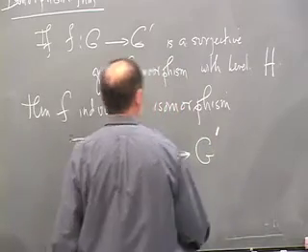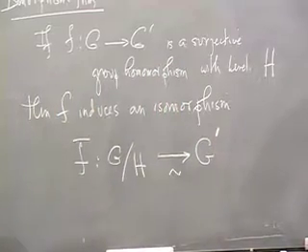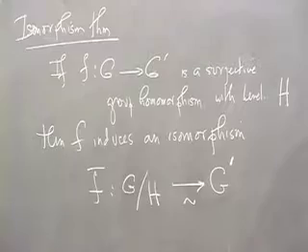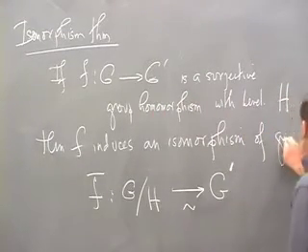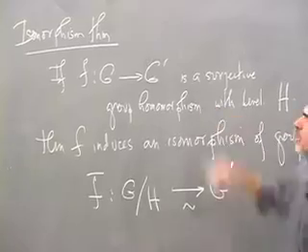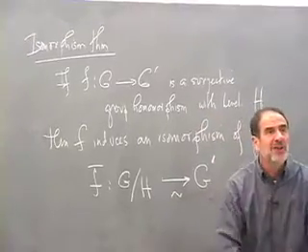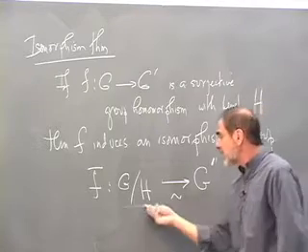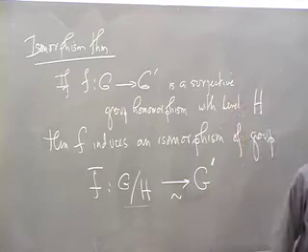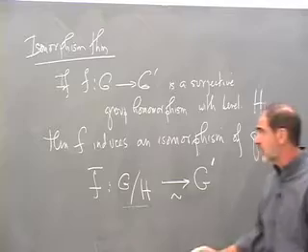Sometimes isomorphisms are denoted like that. So an invertible homomorphism, an isomorphism of groups. So if you have a surjective homomorphism and you know the kernel, you know the image as a group. The image is exactly the group structure on this quotient group. You can construct the image from the kernel.